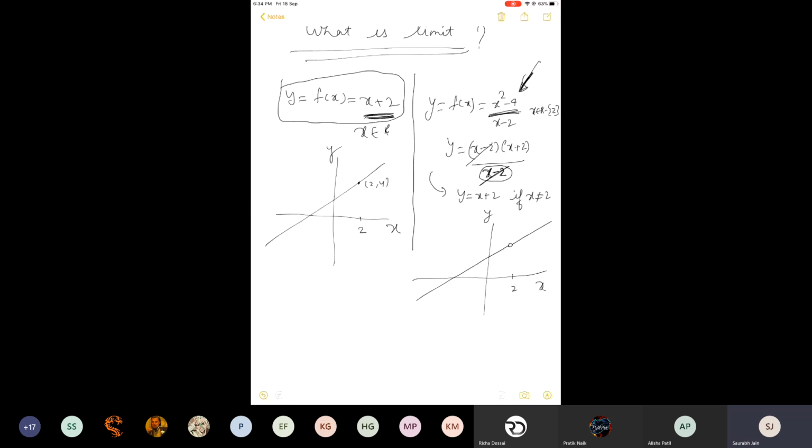If you try to put 2 here, you will not get 4. Why? Because in this function, you are not allowed to do it. Some of you may argue, sir, we will put it there on the top. If you put x equal to 2, you will get, from where the chapter started, 0 by 0. Indeterminate.